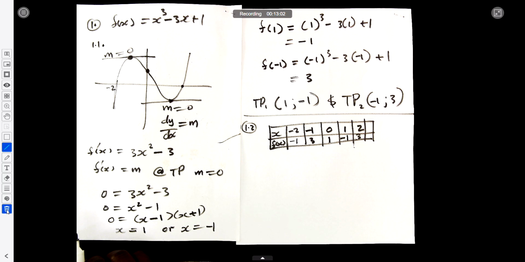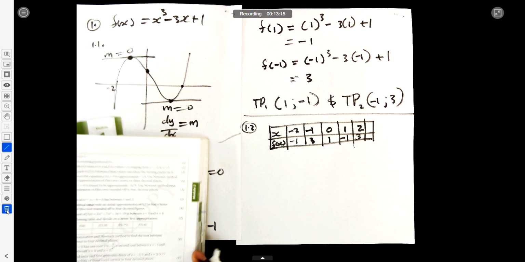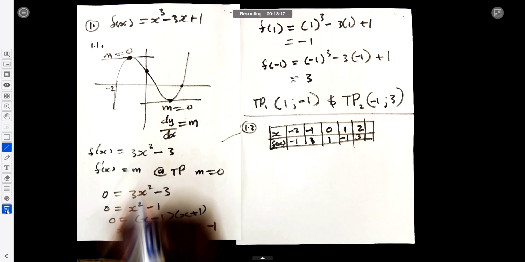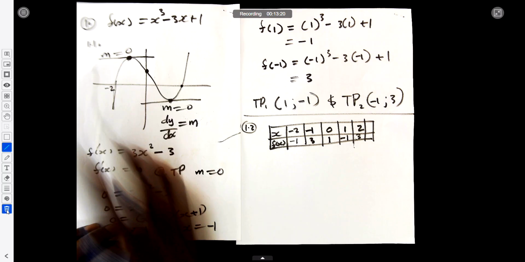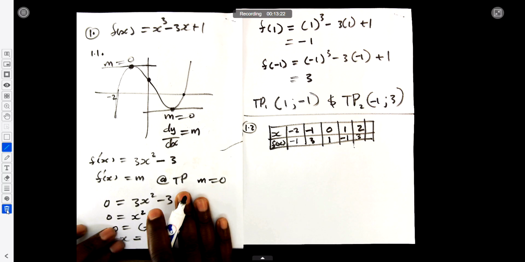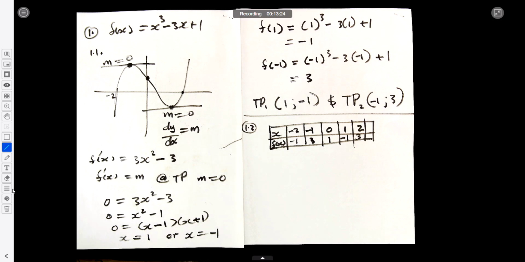So I think the second question asked us to draw a neat graph of f of x between these values and show the turning points on it. So this is the part that we did in the beginning. I wanted a rough sketch here, but you need to know how to draw these from the values that you have calculated.